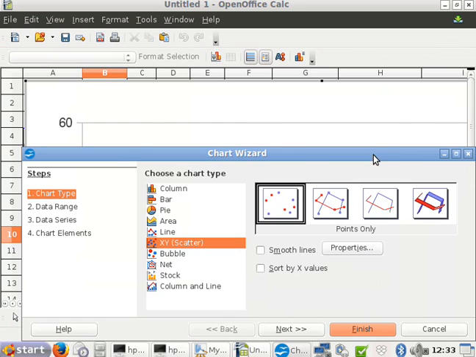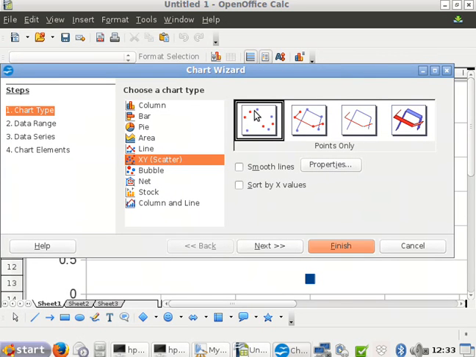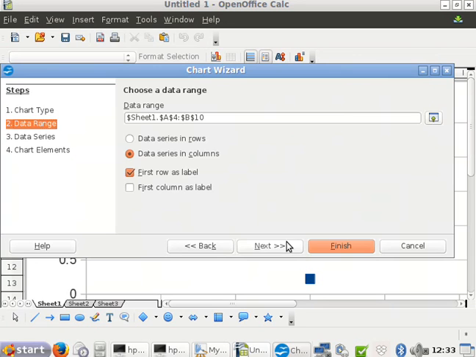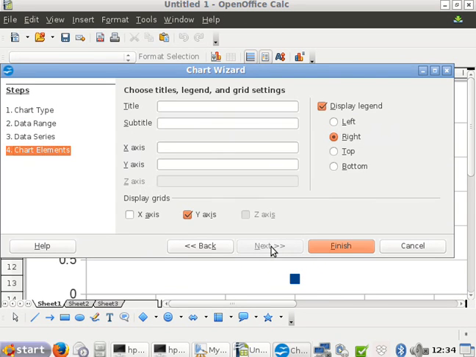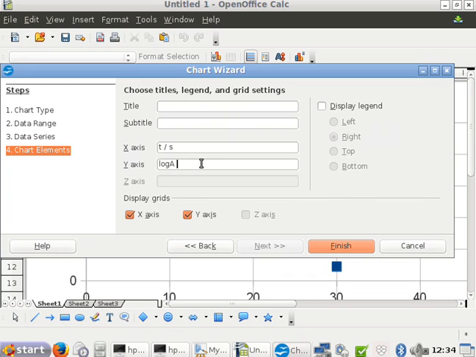Right, we want this, and we don't want that. No legend. X and Y: the X-axis is time in seconds, and the Y-axis is log activity in log becquerels.